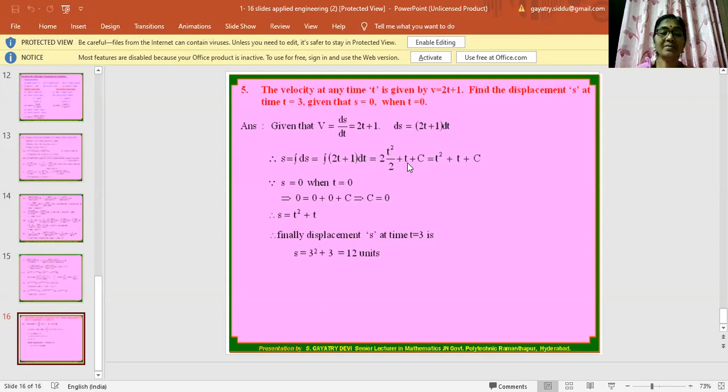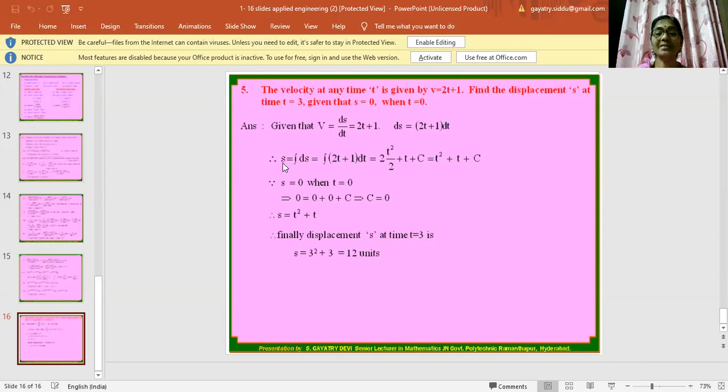Till now we have integrated with respect to x, that's why we wrote x everywhere. Here we are integrating with respect to t, so we have to write t. Observe the differential with respect to which you are integrating. So here it is dt, so instead of x it is t, plus the integrating constant. Finally, t square plus t plus c is your displacement s.